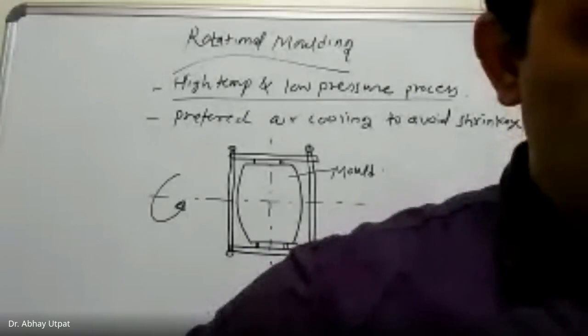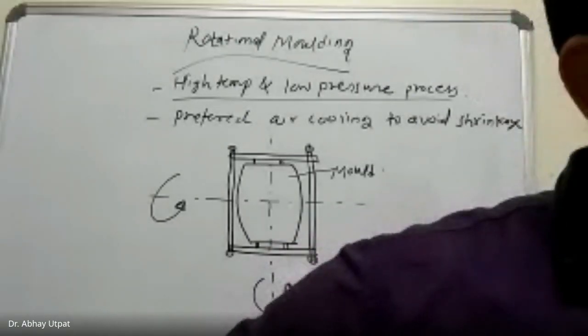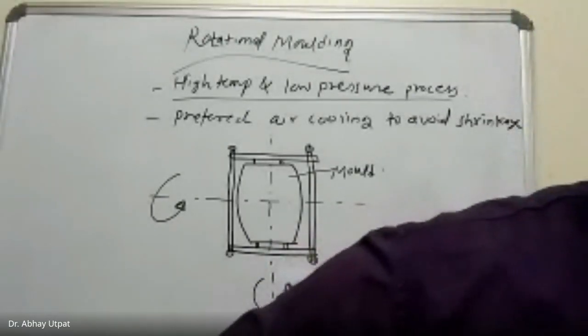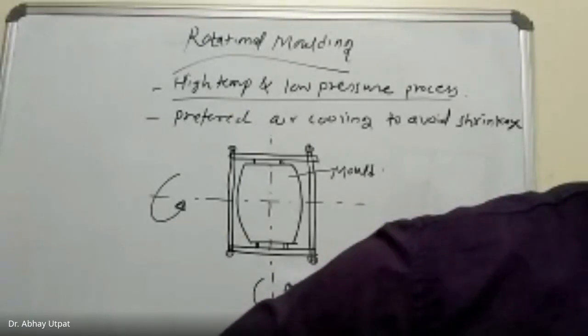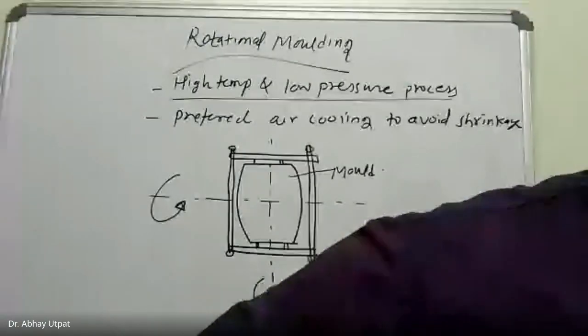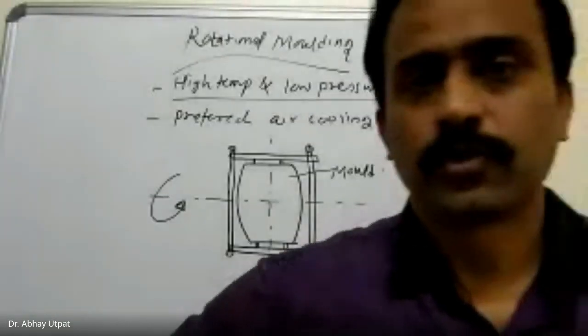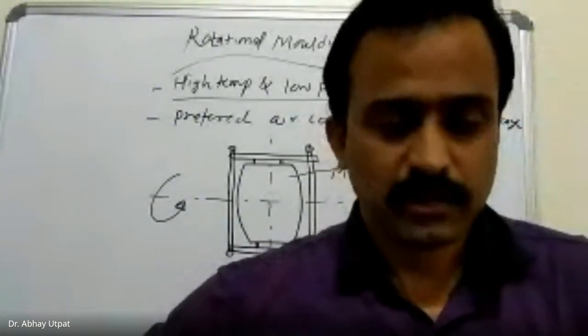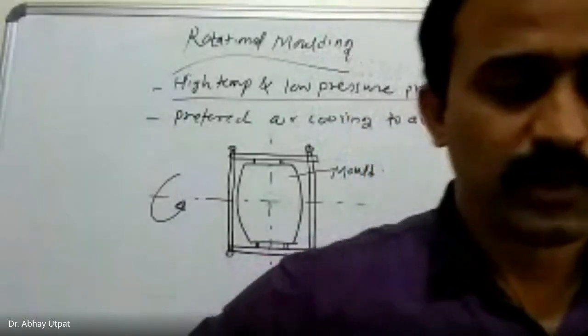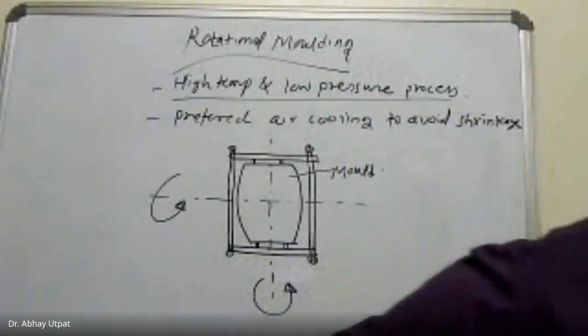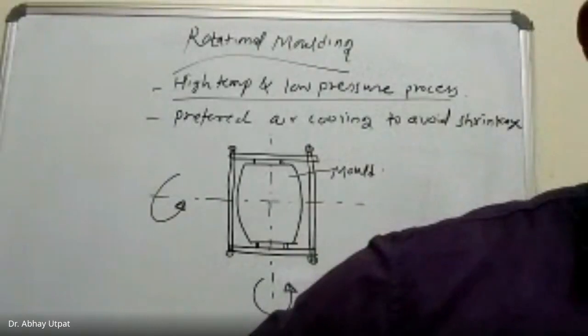Different speeds of rotation are used in order to avoid accumulation of molten powder.